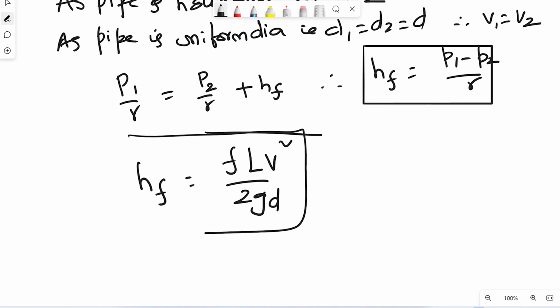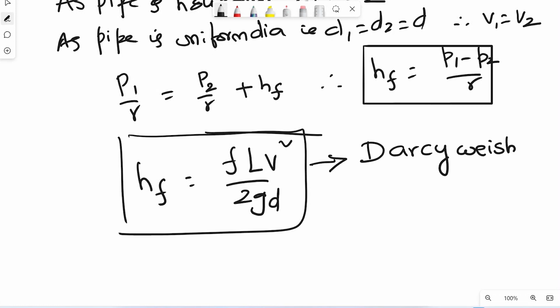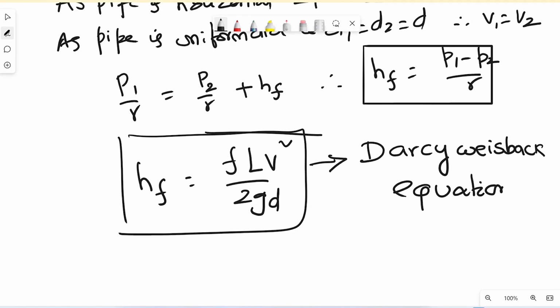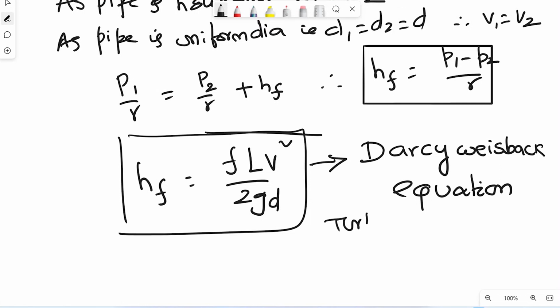This equation is called the Darcy Weisbach equation. As already mentioned, this is applicable only to turbulent flow.